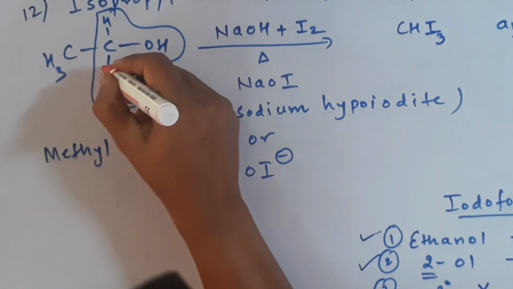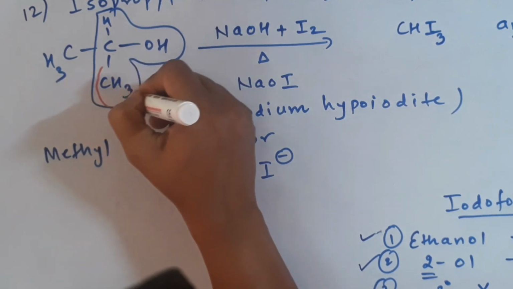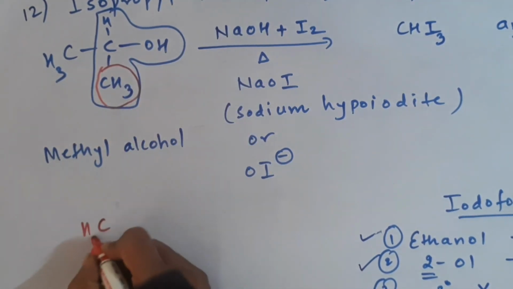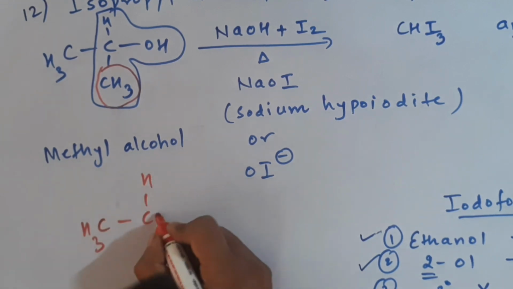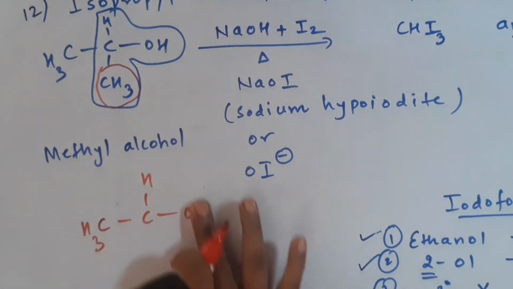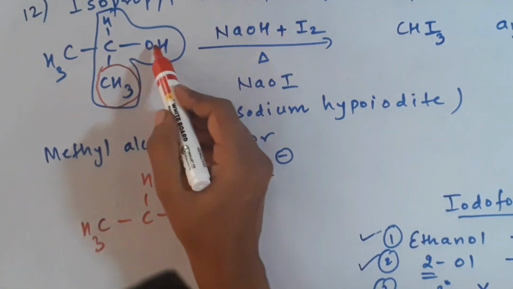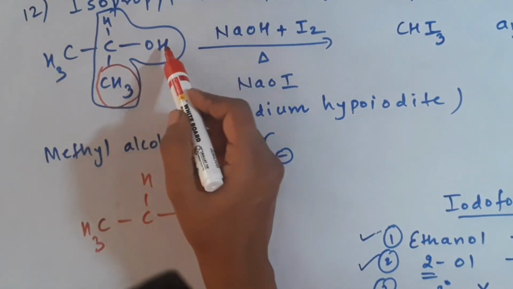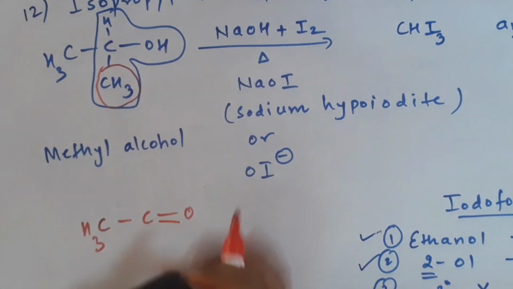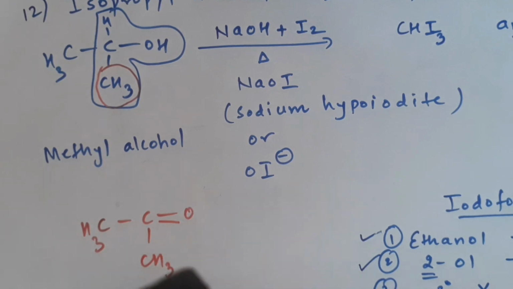One of the CH3 groups, you have to remove it out. First the compound will change into a ketone, so it is an oxidation. The OH hydrogen and the alpha hydrogen will go out, and you will get a ketone with the CH3.